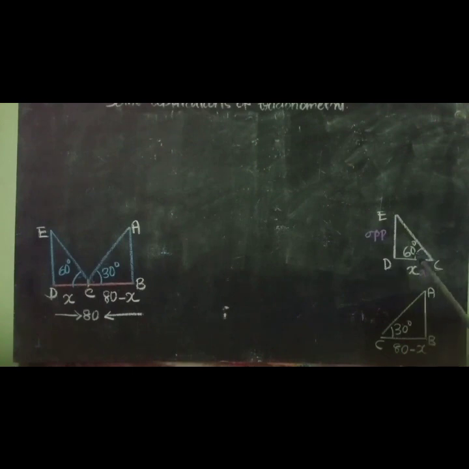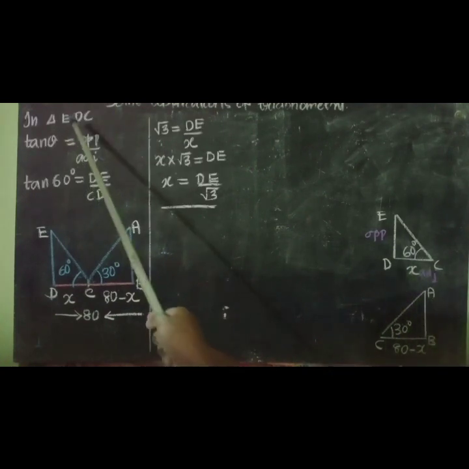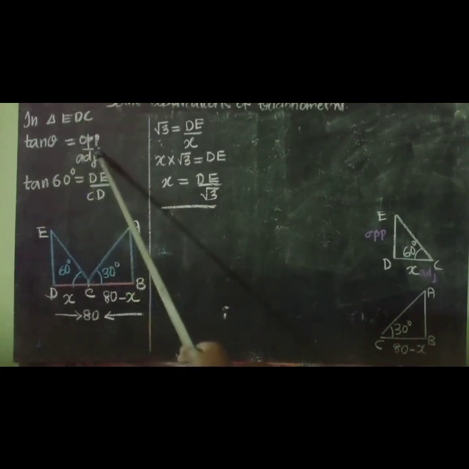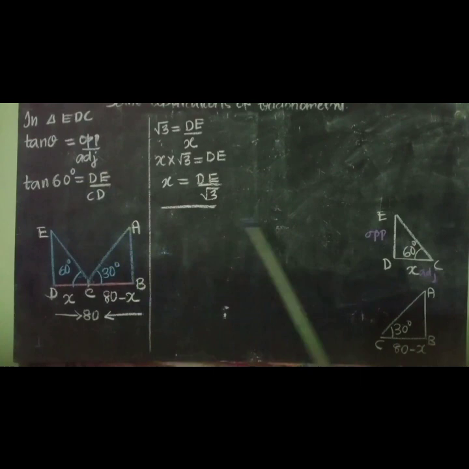Consider the first right triangle EDC. Acute angle is 60 degree. This ED is the opposite side, CD is the adjacent side, that is X. Let us take the ratio. In triangle EDC, tan theta equal to opposite side by adjacent side. Here theta equal to 60 degree.